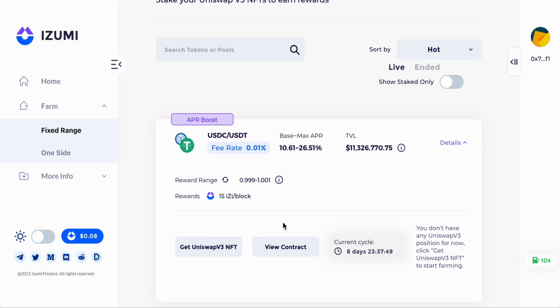If users have provided liquidity on Uniswap V3, then there will be an NFT, and the users can use this NFT to stake to Izumi so that they can start mining.